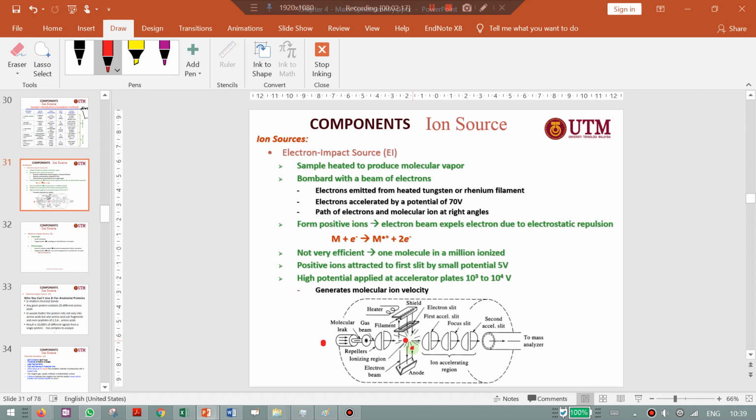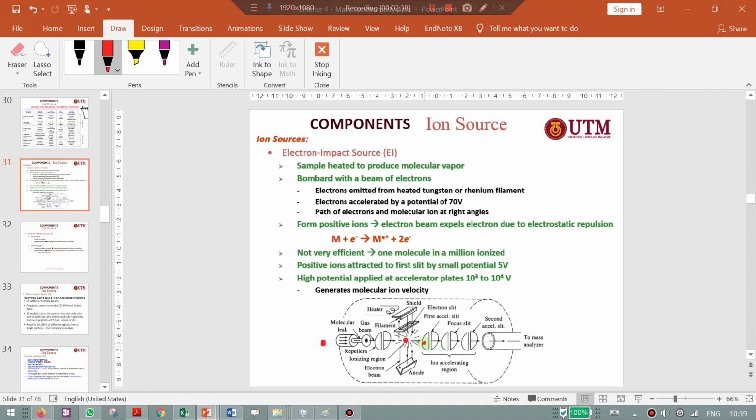After the ionization chamber, we have multiple slits, or multiple accelerator plates. At the accelerator plates, the high potential applied is increasing.